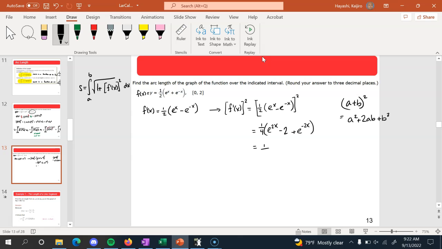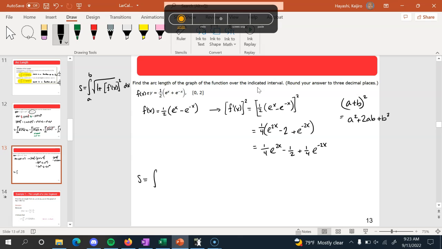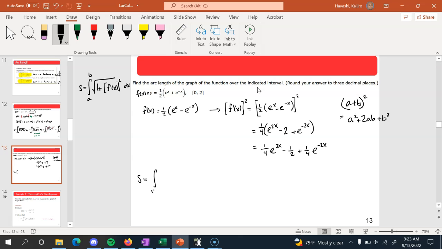Okay. So distributing that 1/4 now. 2/4 is 1/2, plus 1/4 e to the -2x. Okay. So the bounds of integration are x equals 0 to x equals 2. That's the given interval.